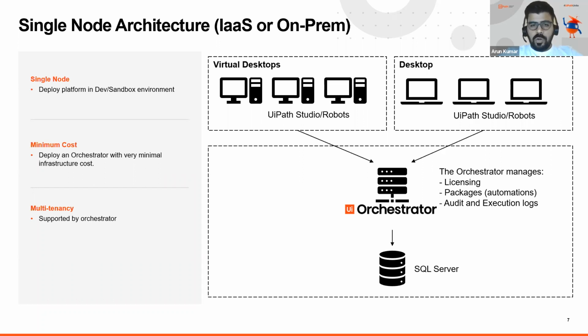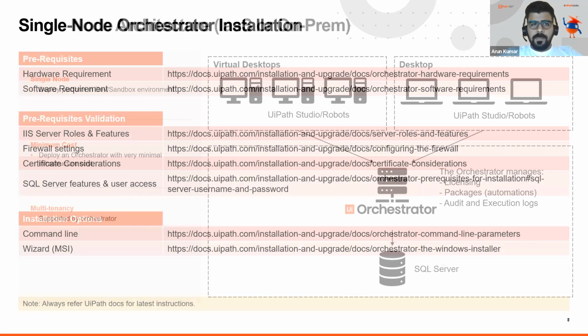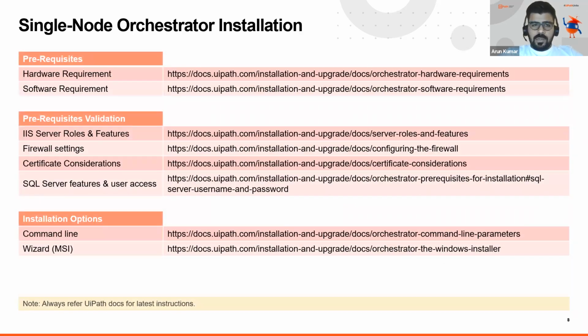Now, I would like to move on to the installation part. During this, we'd like to move on to the VM where we will be covering the installation, and then we would return back to this slide again. So I would quickly shuffle to my virtual machine where we will cover the hardware requirements, software requirements, and different prerequisites that we need for the installation.